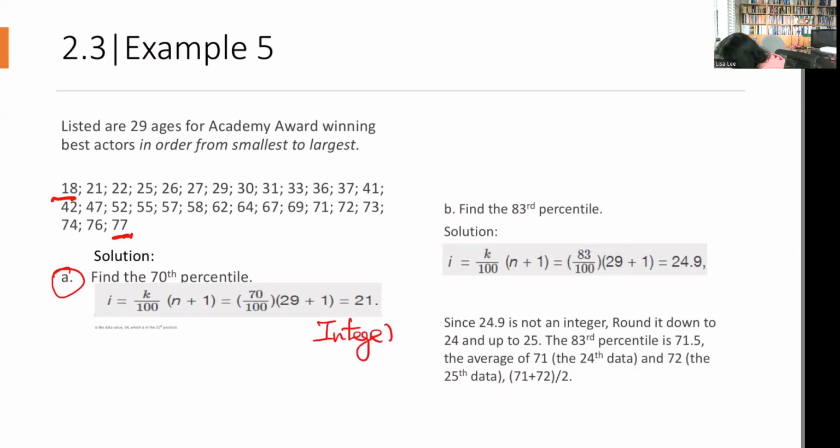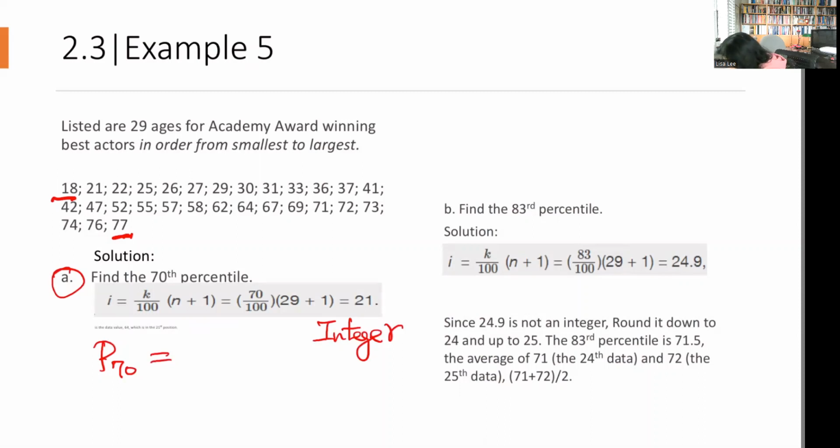So the 70th percentile is the 21st data value.